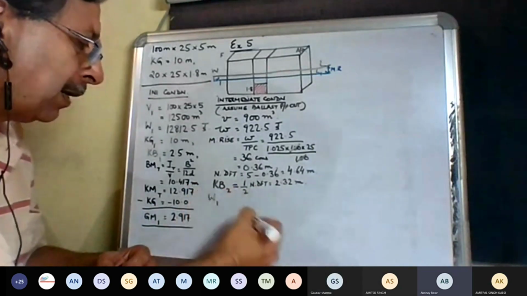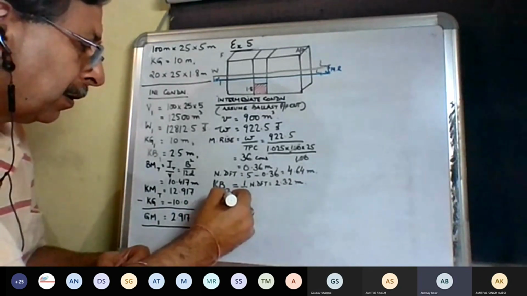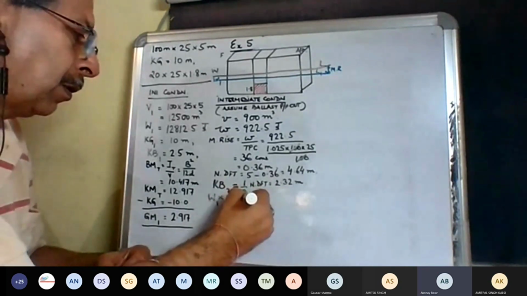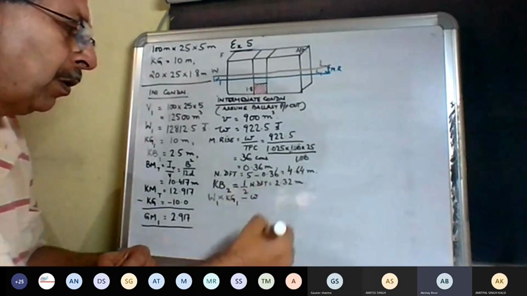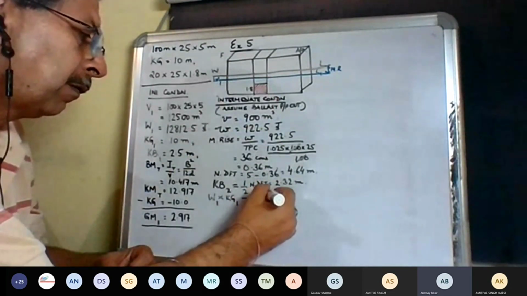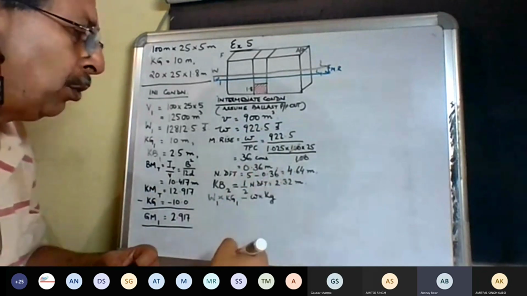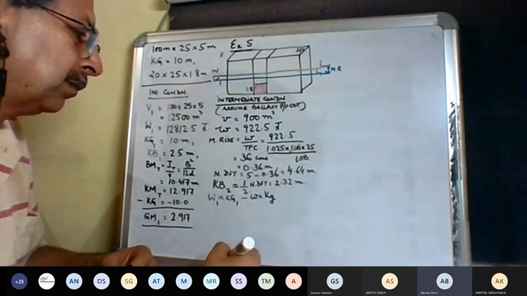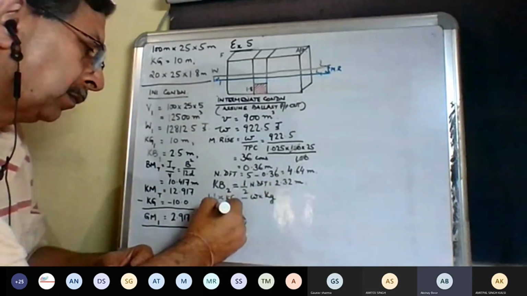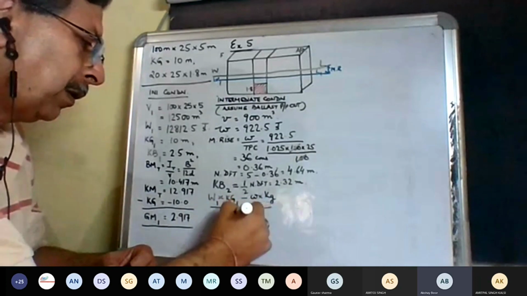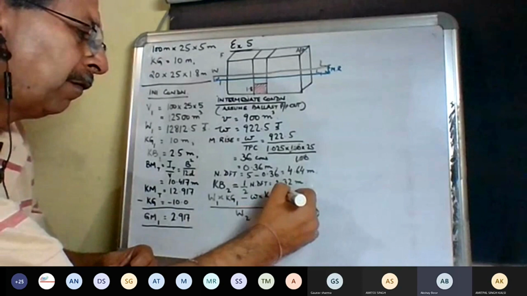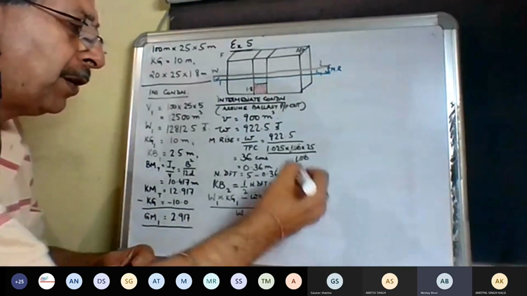Initial displacement W1 into KG1 minus small w, the weight getting discharged, into KG of the weight getting discharged, divided by W2 will give me KG2 by vertical moments.